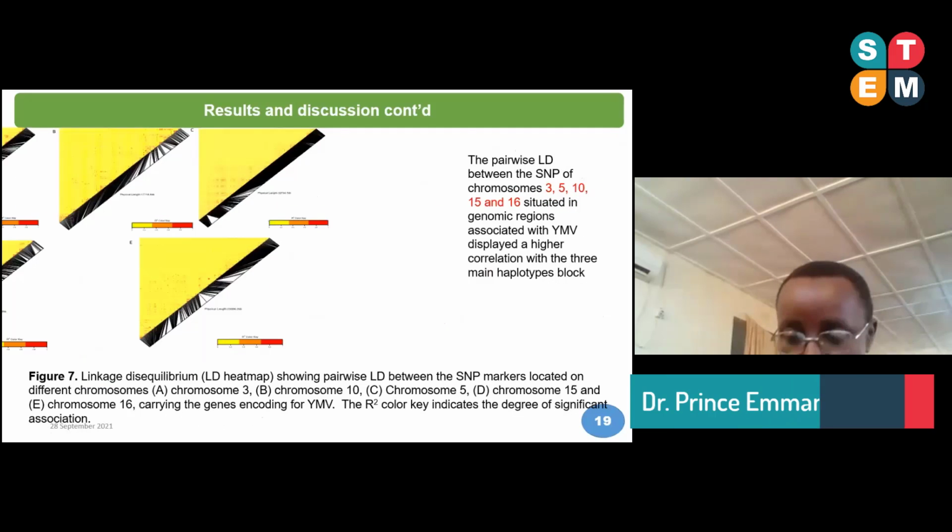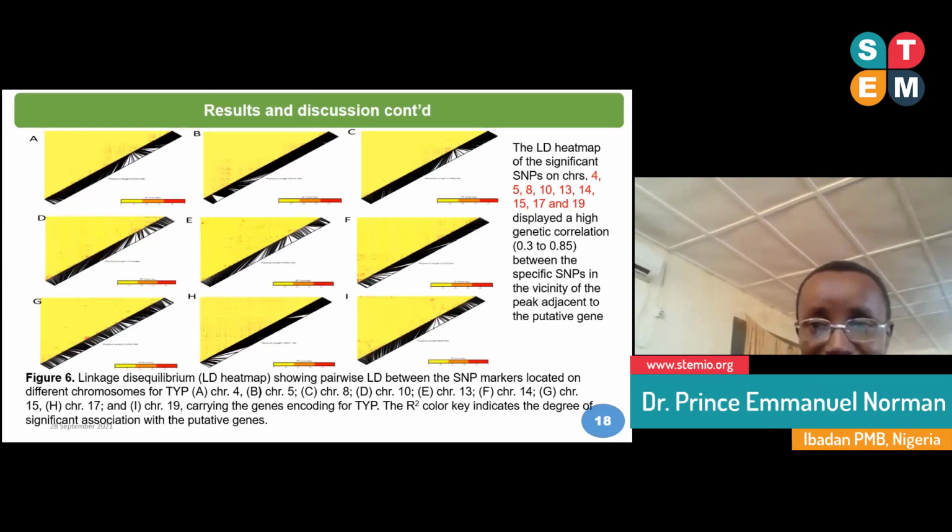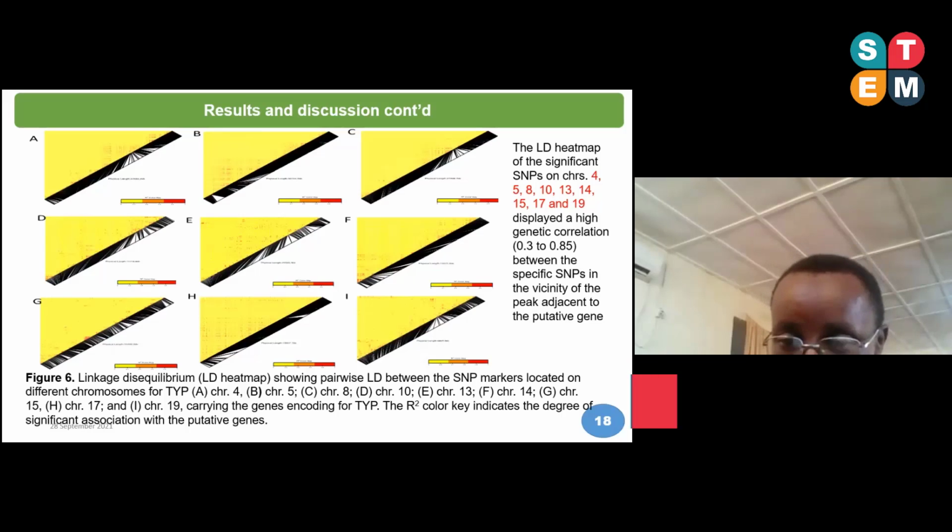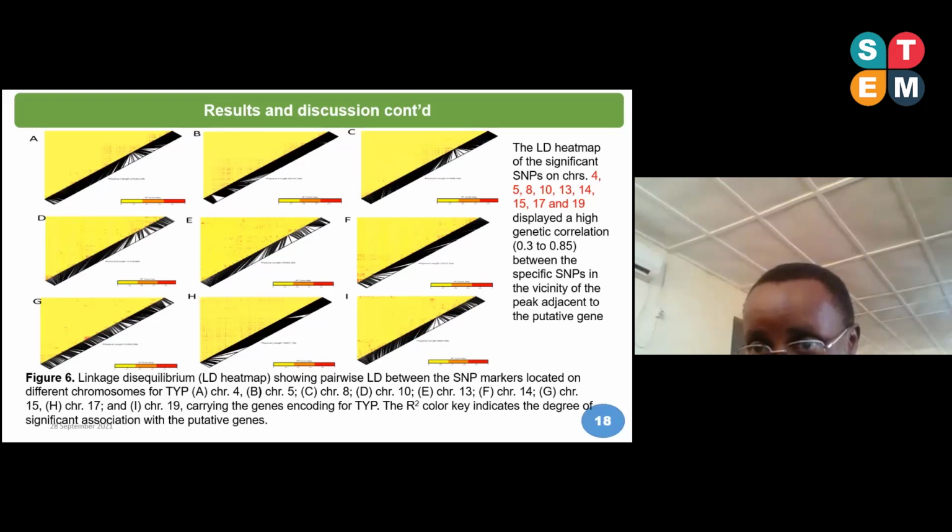Okay. Now here I'm basically showing the pairwise linkage disequilibrium between the SNP markers located on the different chromosomes identified for the tuber yield. We can see that essentially for those 9 chromosomes, the heat map structure here is actually showing the high display of genetic correlation ranging from 0.3 to 0.85 with specific SNPs in the vicinity of the peak adjacent to the putative genes.